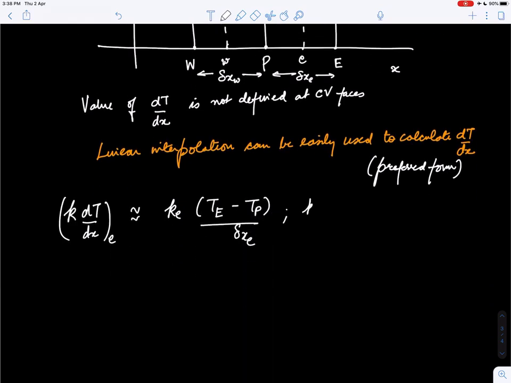And we can also write in a similar way k dT/dx at the face w as k_w (T_P minus T_W) by delta x_w.